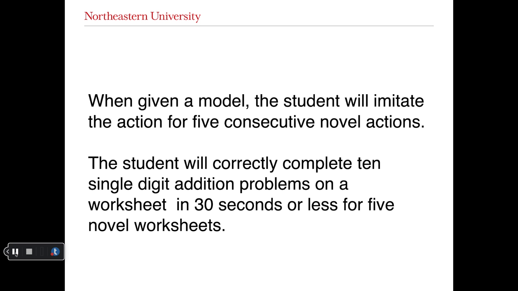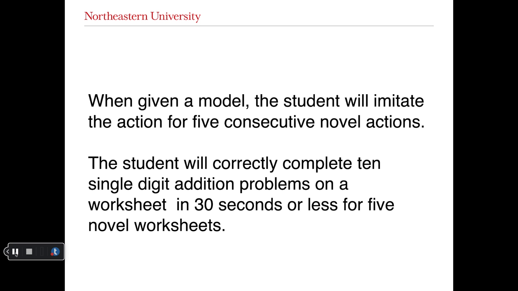single-digit addition problems. This could again be precise or not precise enough. We're not exactly sure of the response mode or the form of the response here, but it could be implied that it is written. But again, implication is not the best, most precise way. So thinking about it, under what conditions, you have the worksheet, and 30 seconds or less for 5 novel worksheets.